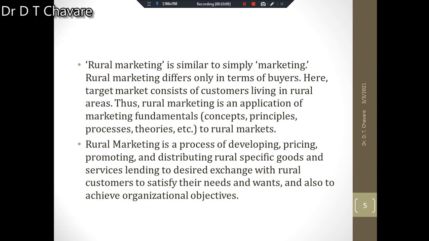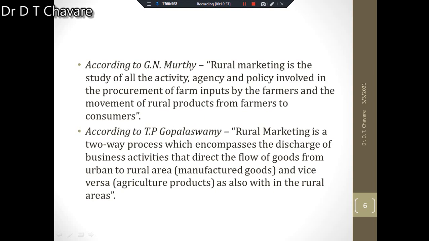All such things are developed here, and that process is included in rural marketing, to satisfy customers' needs and wants and to achieve organizational objectives. Such a type of marketing is also developed in rural areas.